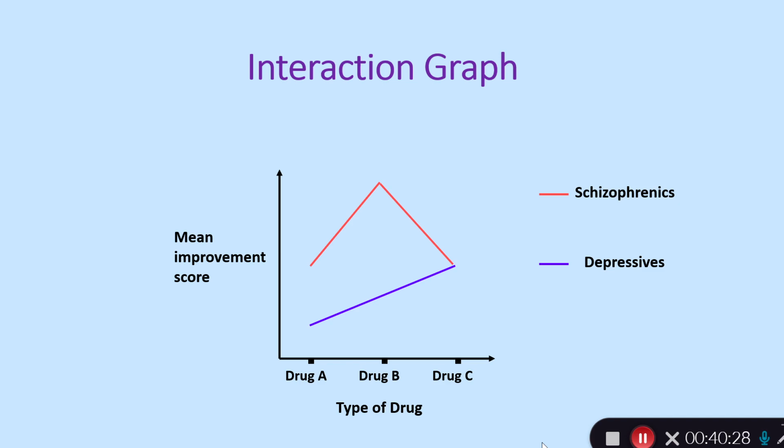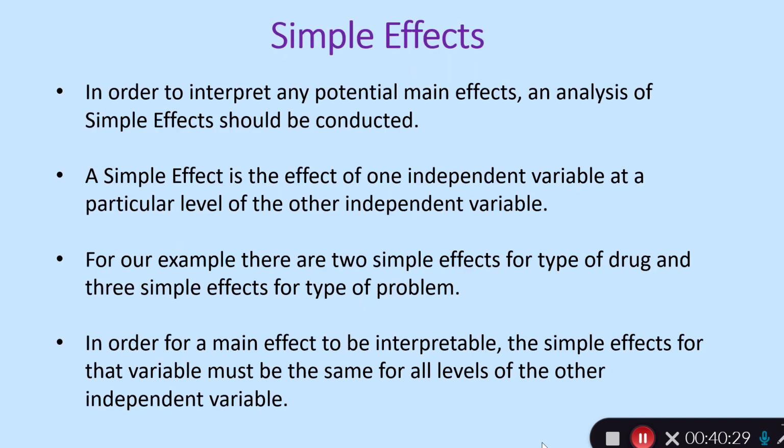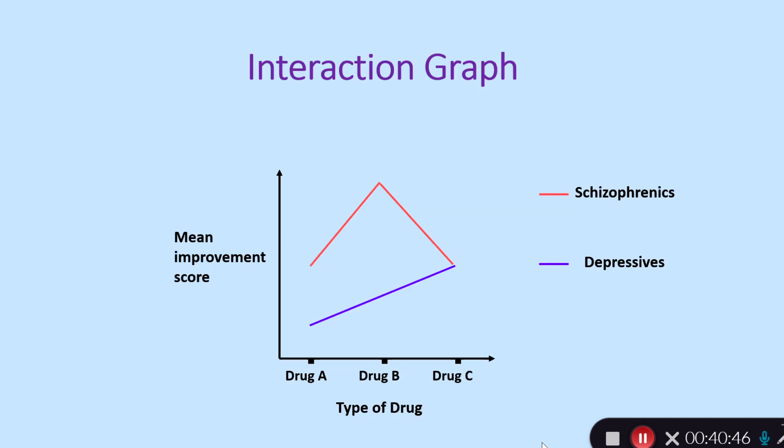Okay. So in order to interpret any potential main effects, an analysis of simple effects should be conducted. A simple effect is the effect of one IV at a particular level of the other independent variable. So this is taking an interaction plot like that.